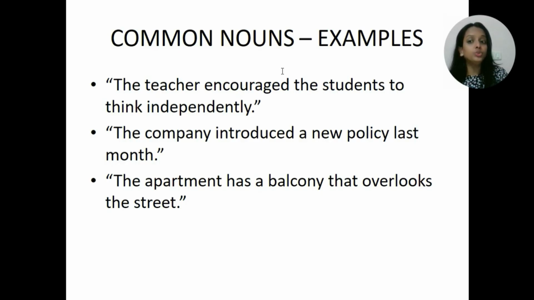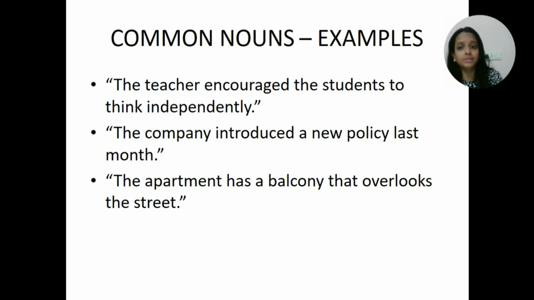It does not refer to one specific identity. Instead, it refers to a class or type. For example, if I say teacher, I'm not telling you exactly which teacher, right? I'm just referring to the profession in a general sense. If I say city, I'm not naming one specific city. I'm talking about the category.